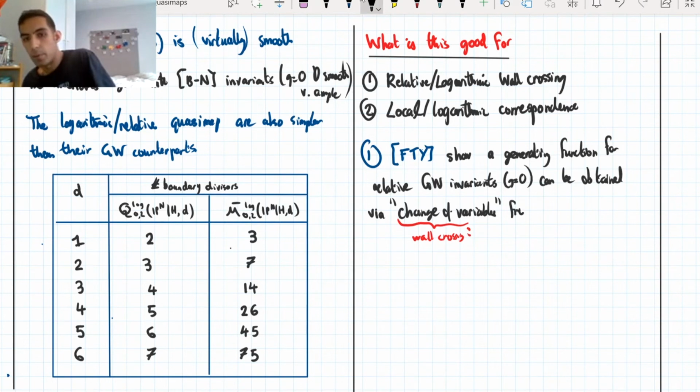It's a change of variables from something they call a relative I function. Okay, so that's one fact.